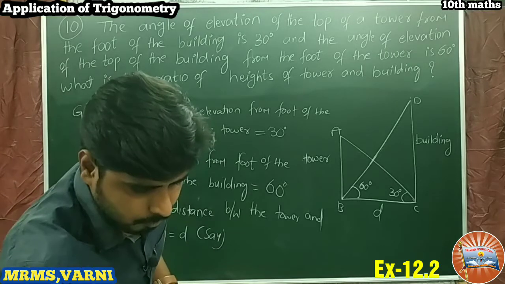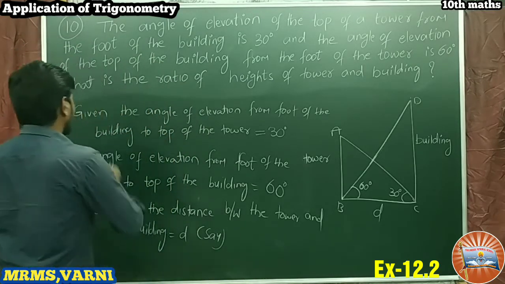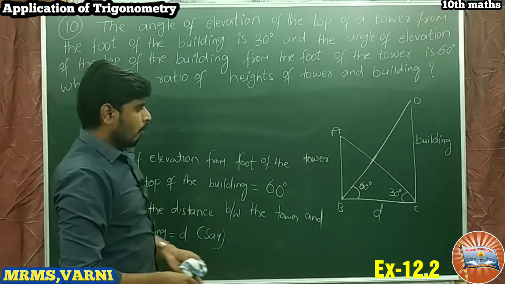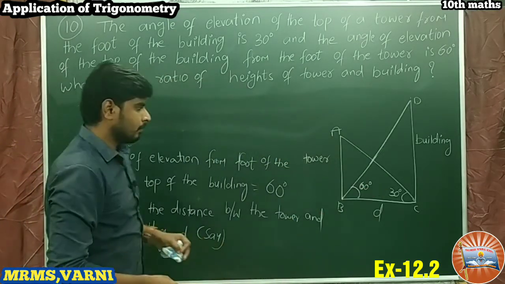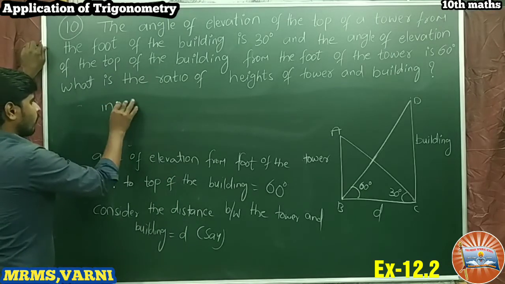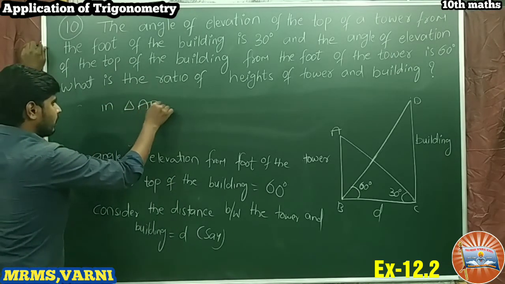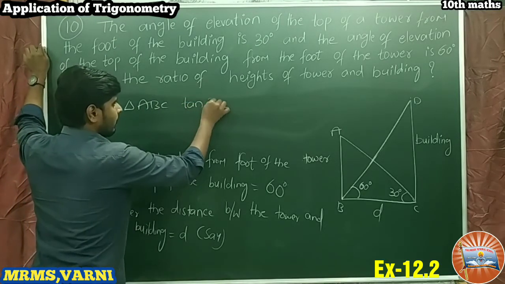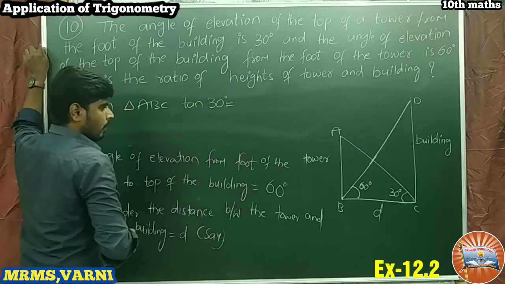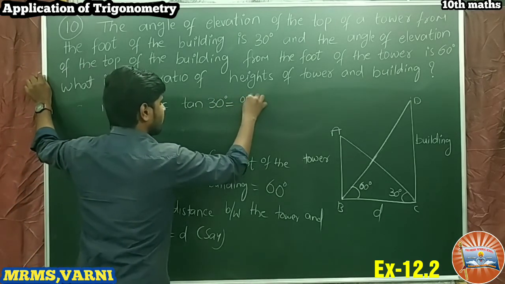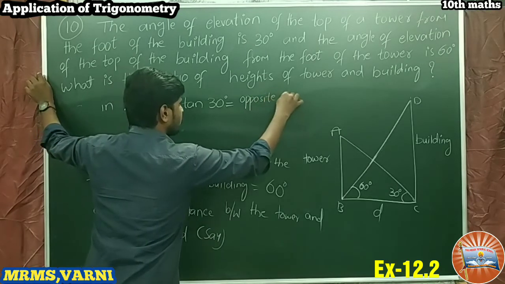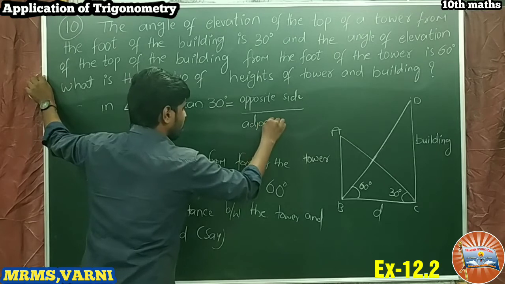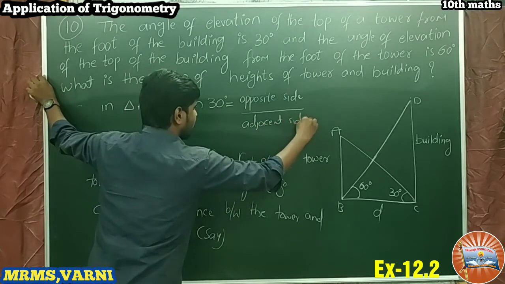So observe in triangle ABC, tan 30 degrees is equal to opposite side by adjacent side, the length of the opposite side by the length of the adjacent side.